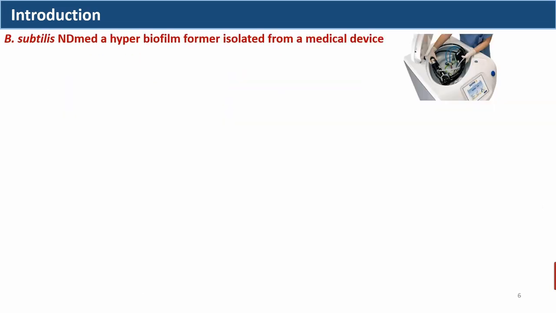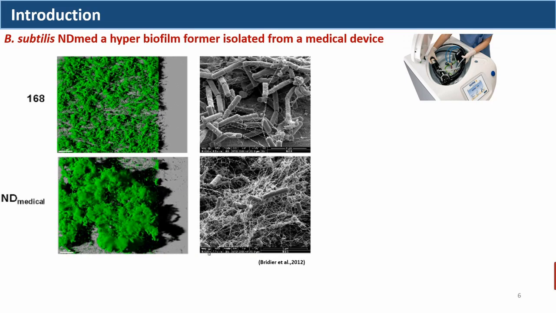This strain was isolated from an endoscope washer disinfector from a hospital in England. By the use of scanning electron microscopy techniques, it has been found that this strain forms compact and thick biofilms, as we can see here from the shadow, which represents a cross-section through the XZ plane. It also produces a high amount of exopolymeric substances when compared to the 168 reference strain.